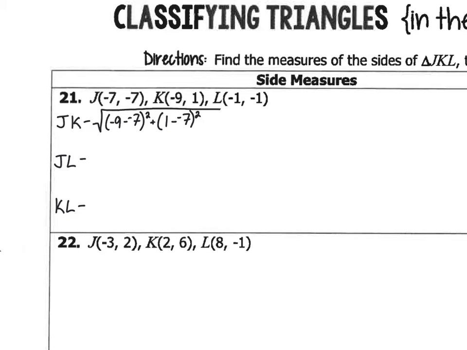So when you do that math, you get -9 minus -7 would be 2.